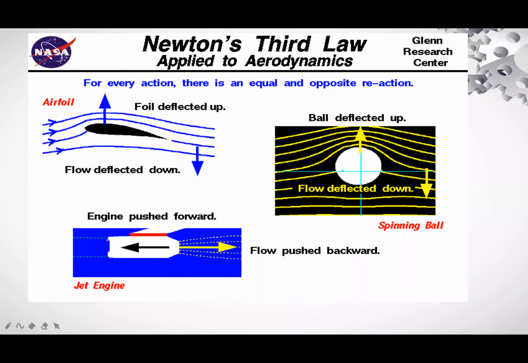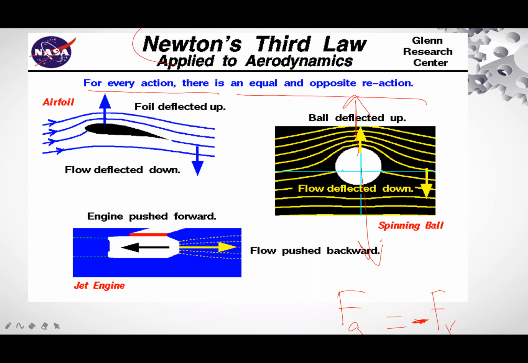I will explain the previous topic, but we will do Newton's third law first. For every action, there is always a reaction. Force of action is equal to force of reaction, but in the opposite direction, so a negative sign. Here the foil is deflected up, the flow is deflected downward.